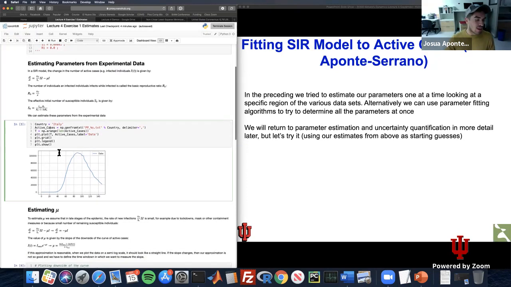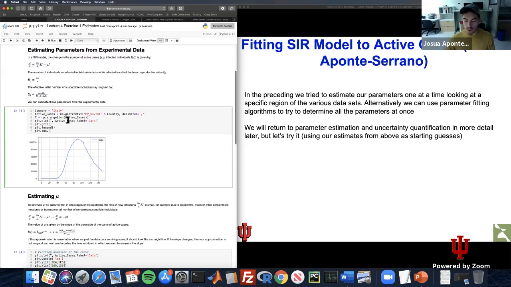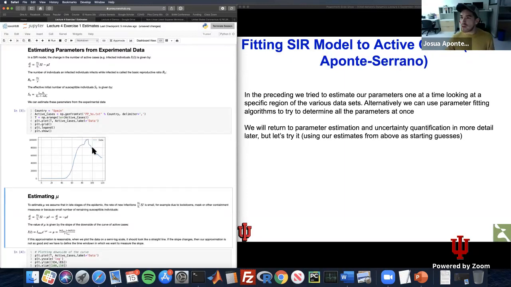So in this cell, I am just uploading the data set and plotting it. So we can see here what the curve is. This is Italy, but if I change to Spain, I get a different curve. This one has a little bit of a bump here. It comes from countries updating their values.